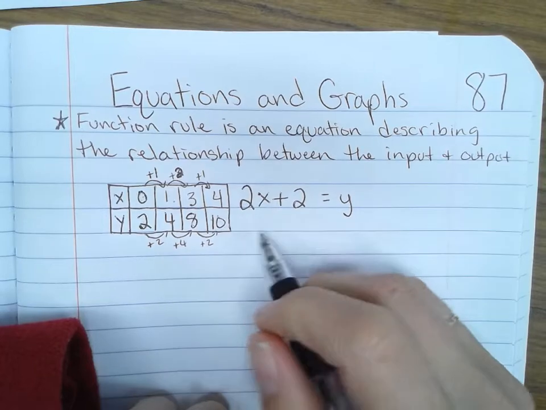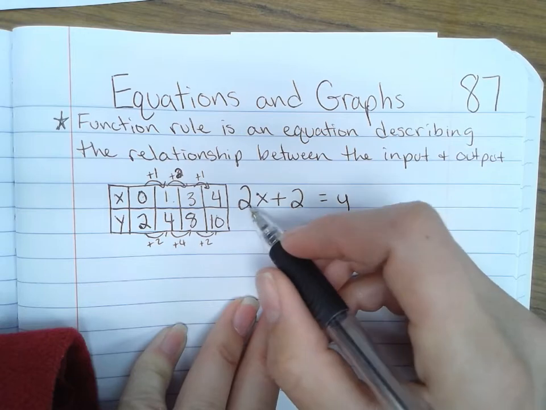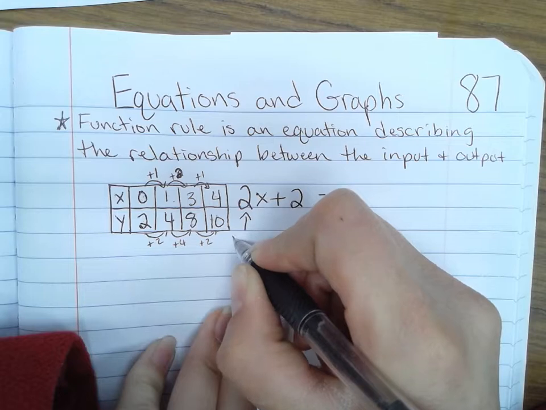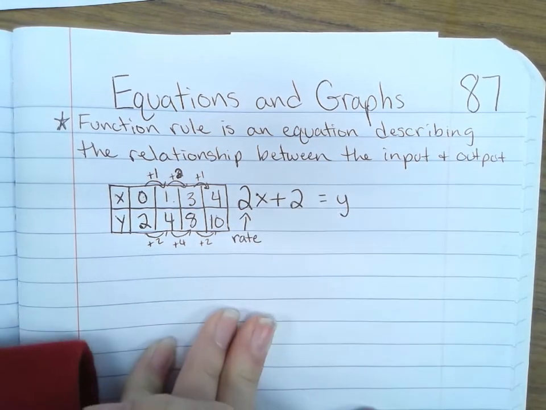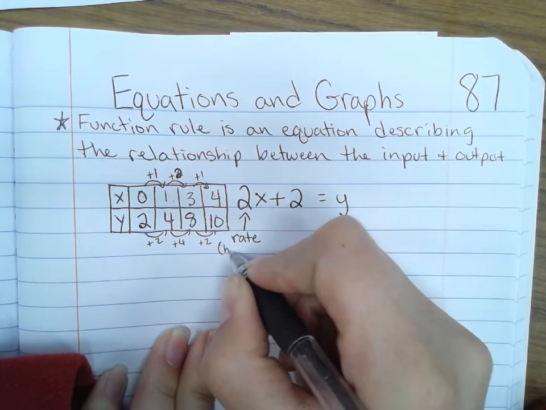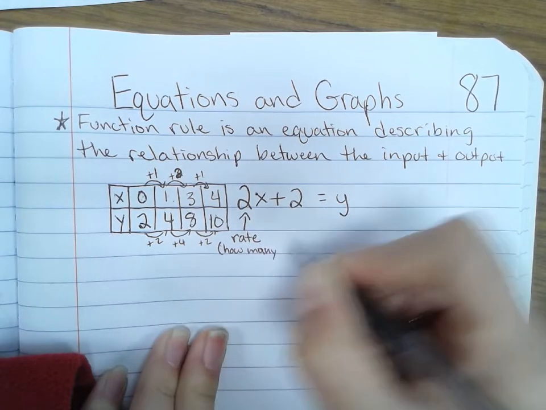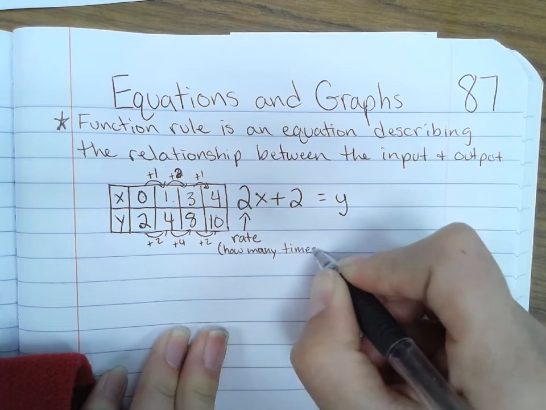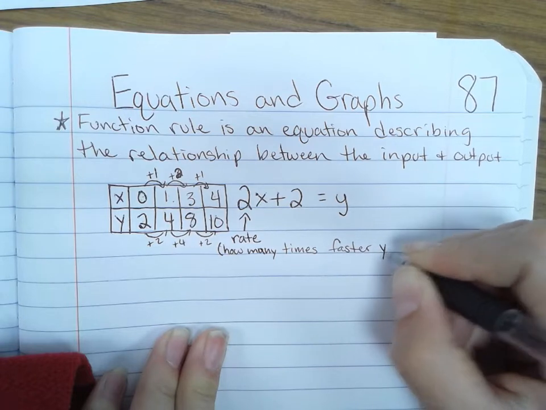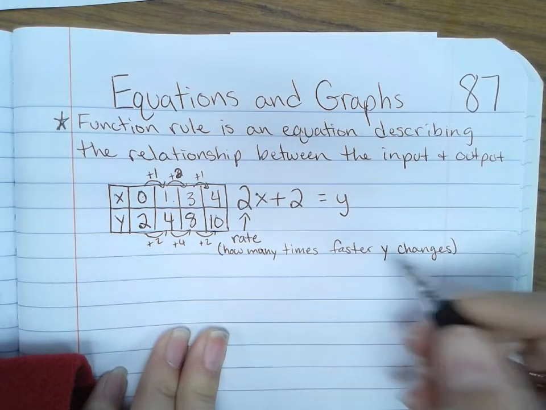Alright, with this, what I want you to see is for a linear function rule, this right here is going to be the rate. The rate is how many times faster the output changes.